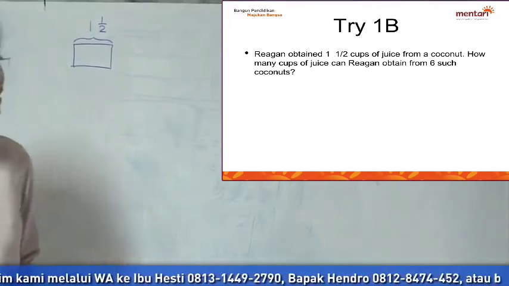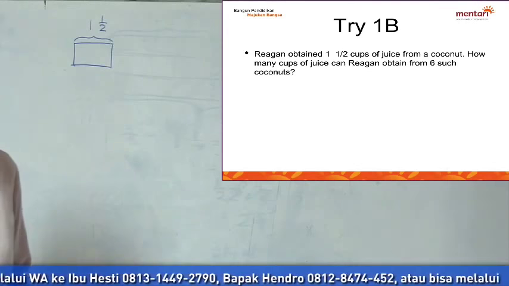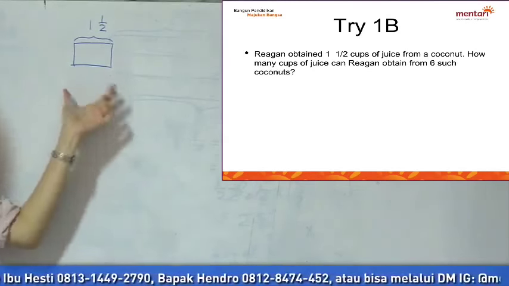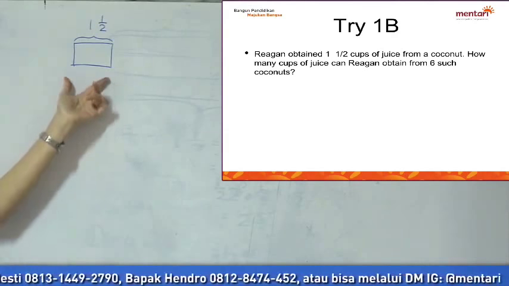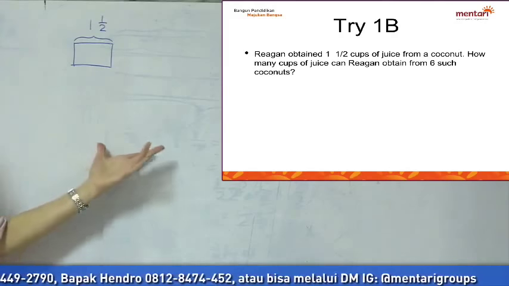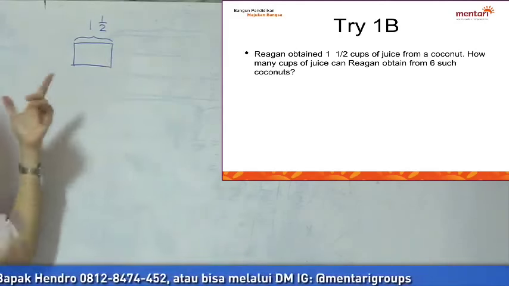And the question is, how many cups of juice can Regan obtain from 6 such coconuts? This is what Regan can get from 1 coconut. So what are we going to do?